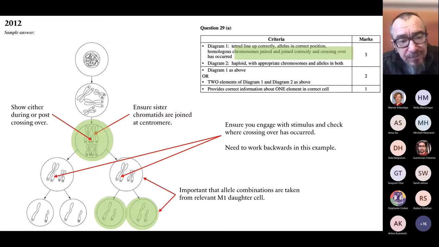A lot of students felt that they were bringing the capital B over to the right-hand side, and that simply indicates to the markers that you don't understand that after meiosis 1 occurs, we've got those initial 2 daughter cells, and that you need to then follow that through to its completion in the production of these 2 particular daughter cells.